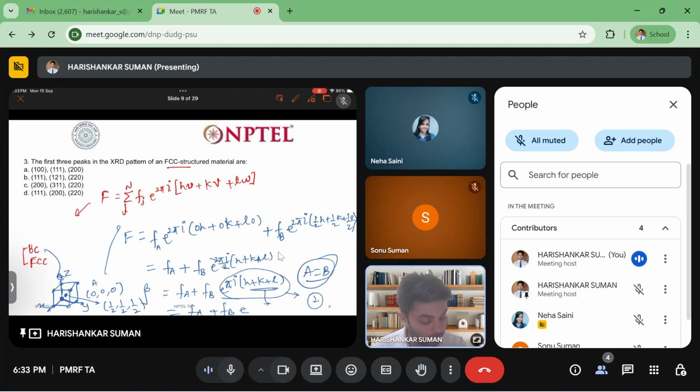If this number is -1 and the atoms are the same, then this will be 0. When will it give 1 and when -1?